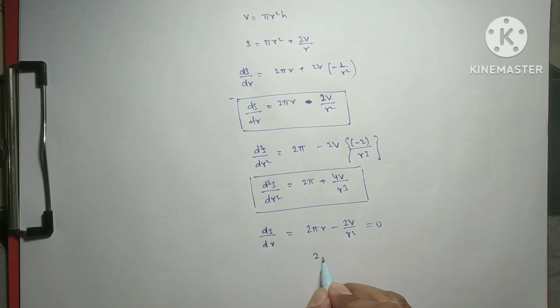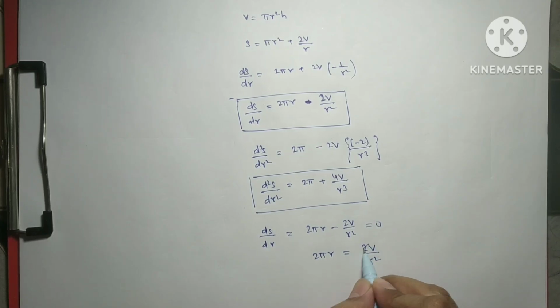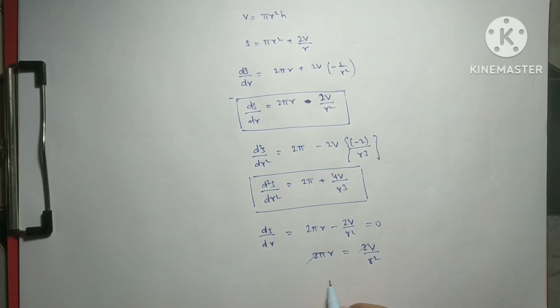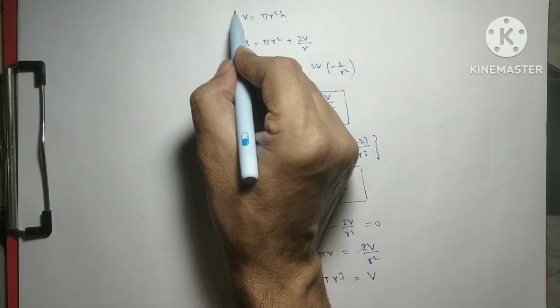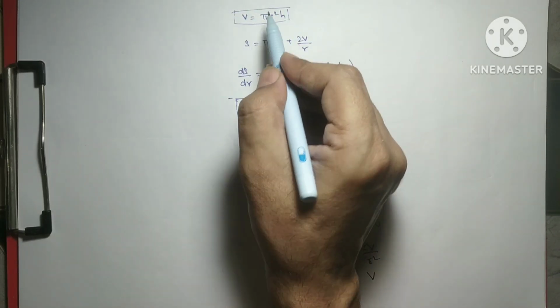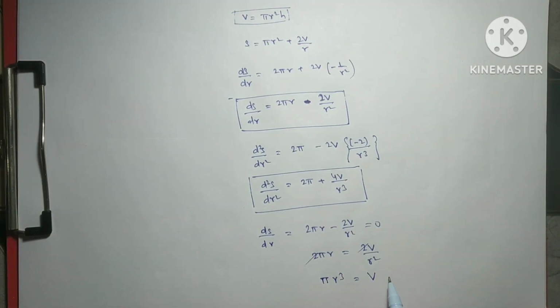It means 2 pi r equals 2V over r square. So cancel out this and this comes here. So it is pi r cube equals V. And what is V? V is pi r square h. So we will put this: pi r cube equals pi r square h.